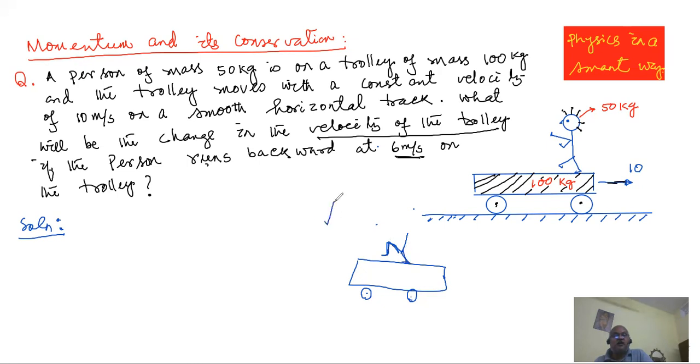The front leg has lost all contact with the ground, but with the back leg we press the ground. Because he's pressing the ground in this fashion, when he's walking towards the left, he exerts a force in this direction. That inclined force has a horizontal component, and that horizontal component is to increase the speed of the car.